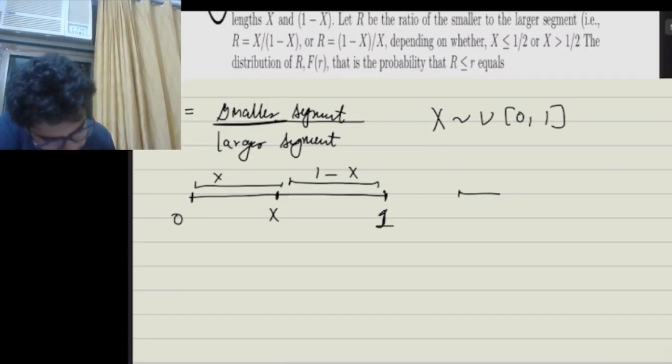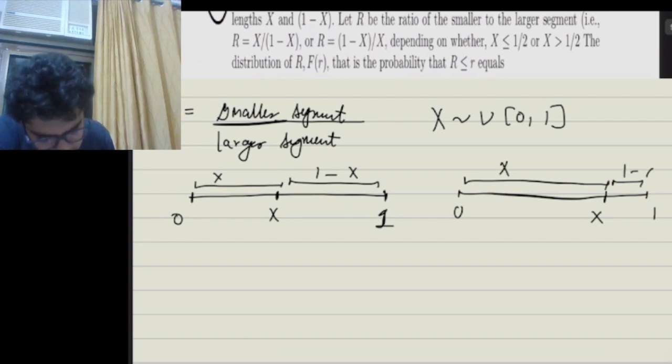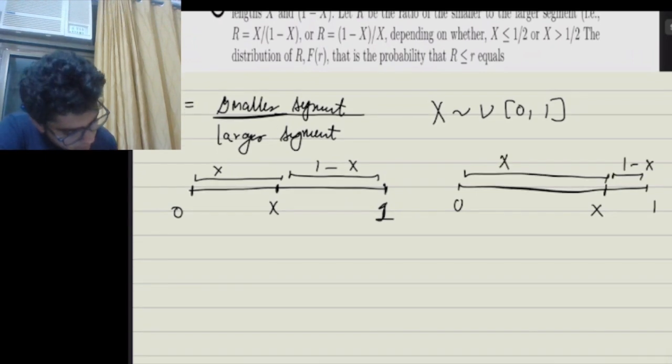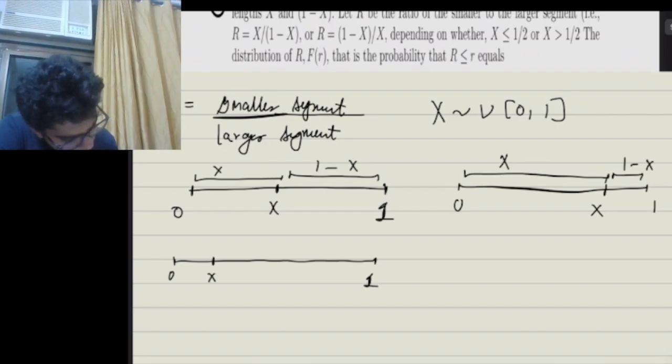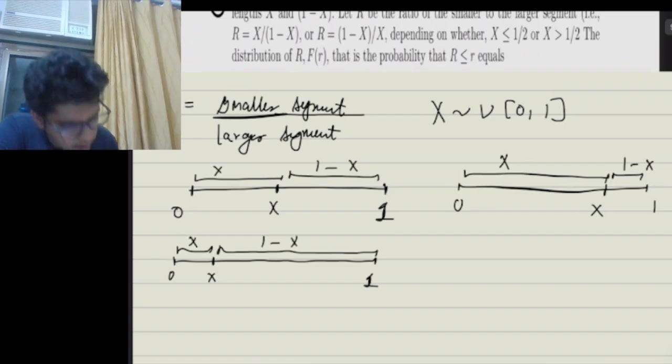Now for example, x lies here and this is 0 to 1, so this whole segment would be x and this segment would be 1 minus x. And what if x lies here, this segment would be x and this segment would be 1 minus x.